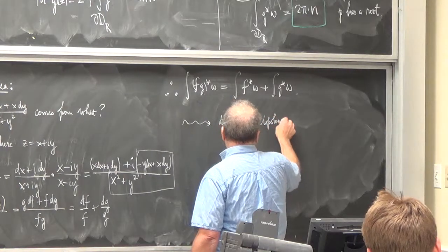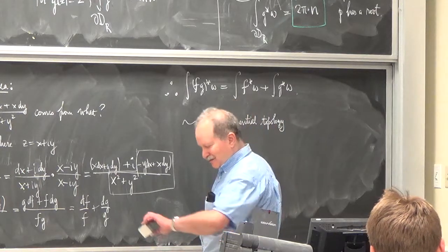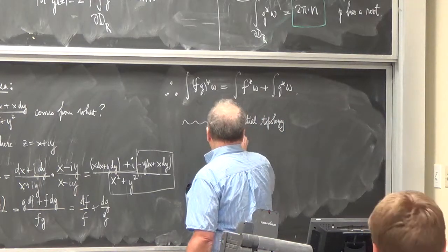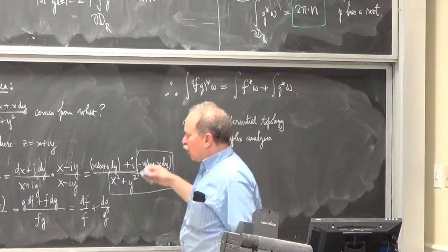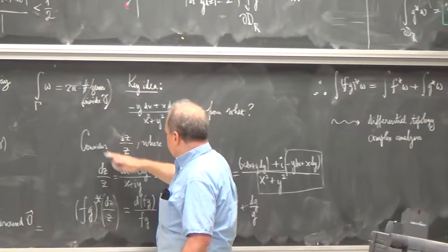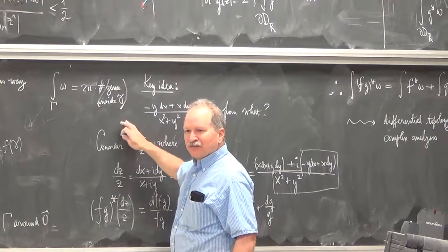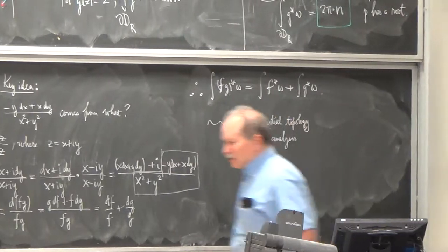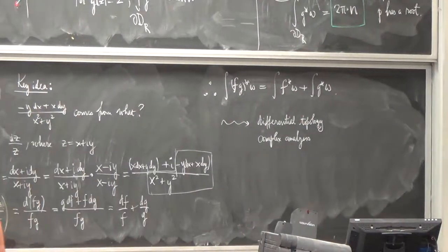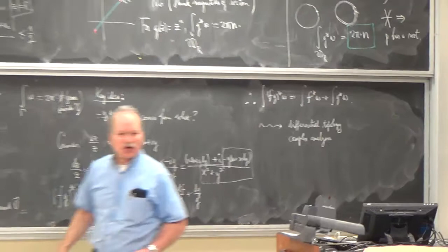By the way, I'm not done yet. I'm going to show you more differential topology. And complex analysis. So complex analysis is doing all the calculus that's built on integrals of this type. If we have, by some miracle, a spare day at the end of the semester, I'll actually talk more about that.